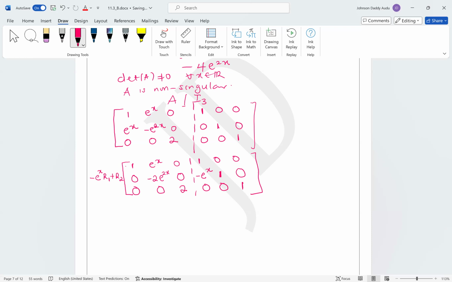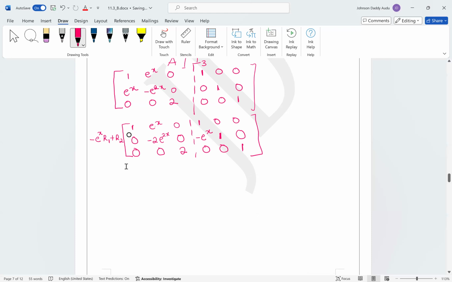Okay. Now, which operation can we do? If you look at this, this is the first non-zero element. This is supposed to be 1. So we can divide to make it 1. Because this is 1, we convert this to 0.